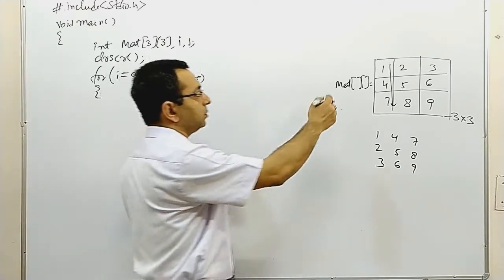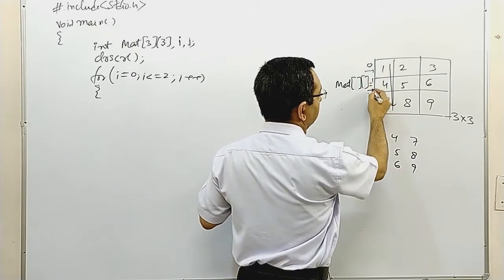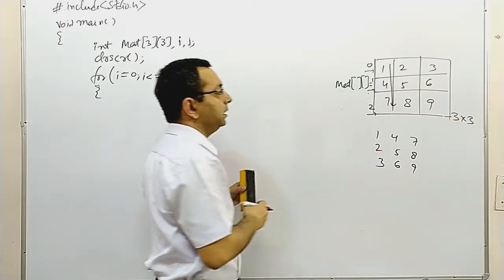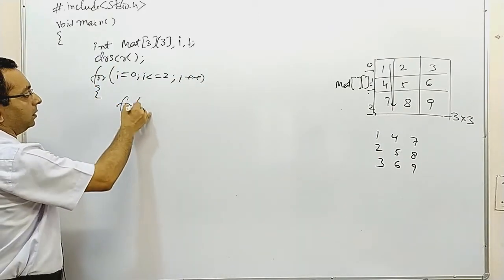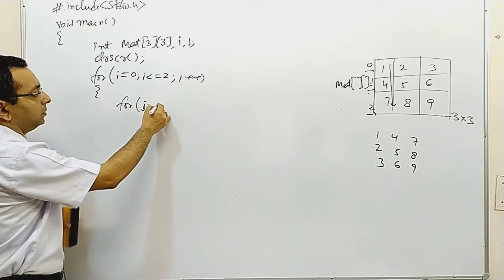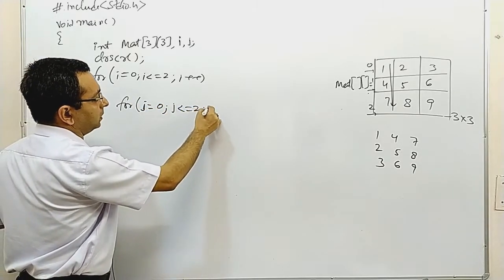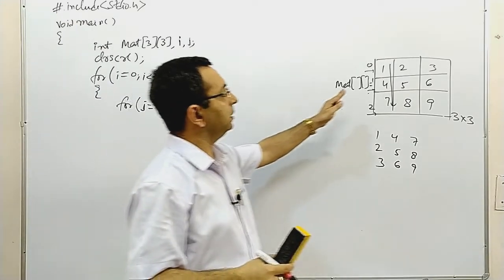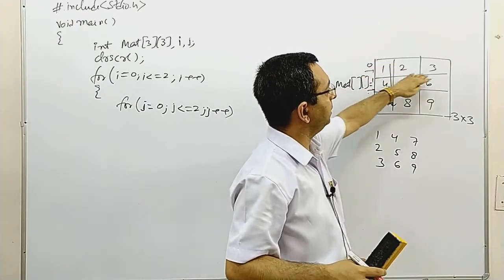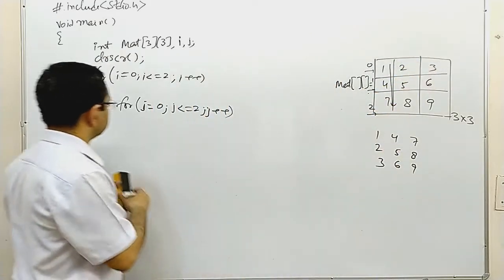For each row, row number 0, row number 1 and row number 2, we have taken index numbers 0 1 and 2, and for the column, j equal to 0, j less than or equal to 2, j plus plus. So for the columns it is again 3 by 3: the 0th column, first column and second column.